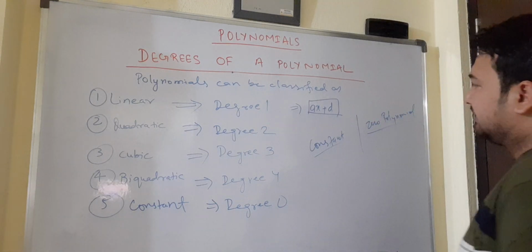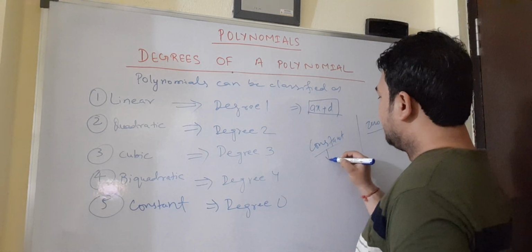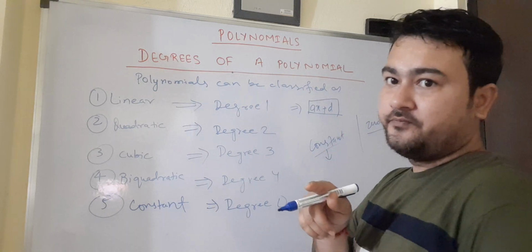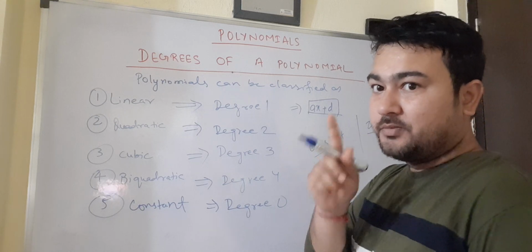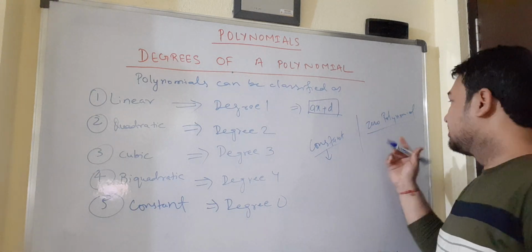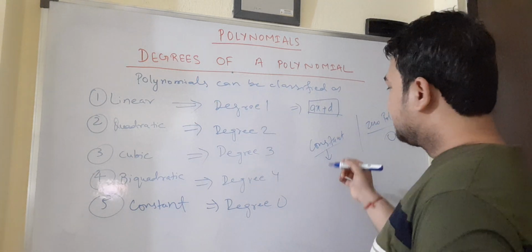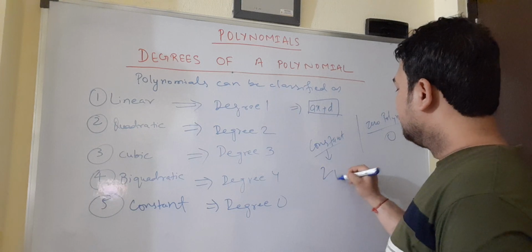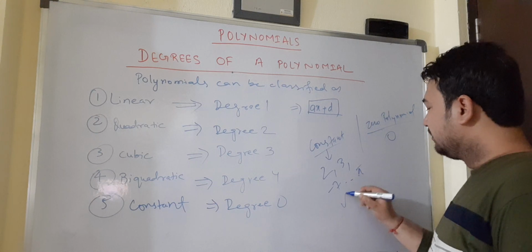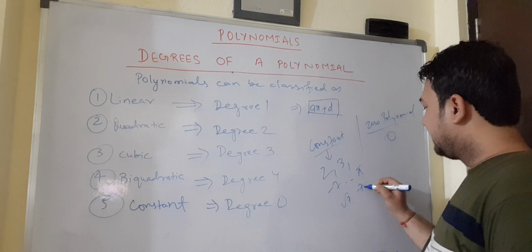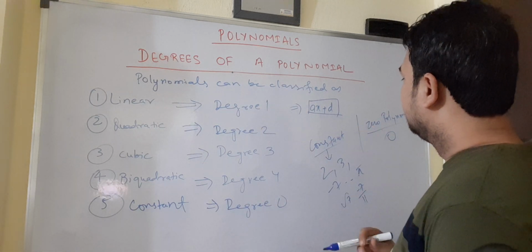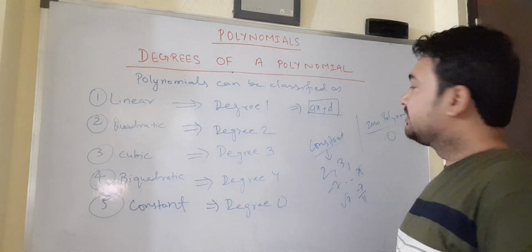And we had studied that a constant polynomial contains only one term, and that term is a constant, but that constant is not 0. For 0, we have separate naming, and that is zero polynomial. It consists of only 0. Rest other constant numbers 2, 3, minus 7, and anything else, even pi, root 7, root minus 7 by 11, anything. For other constants, we have the name constant polynomial, but for 0 we have zero polynomial.